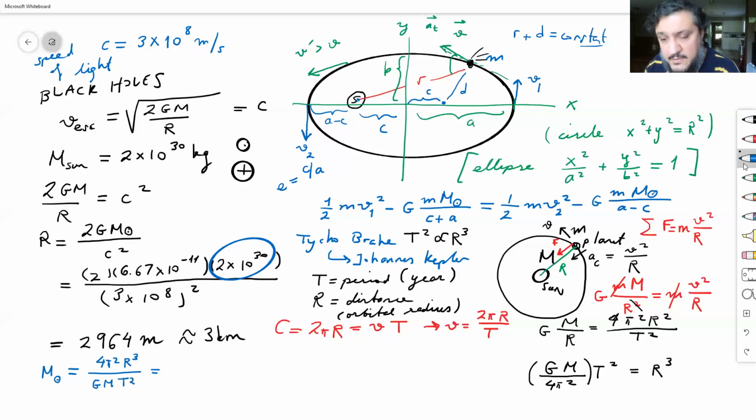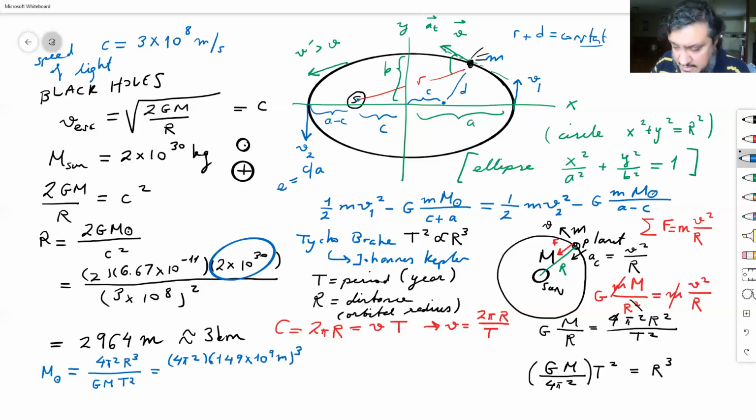Okay, so let's use data from Earth. We're familiar with that. 4 pi squared times r. This is the distance from Earth to the sun, 149 million kilometers, which makes 10 to the power 9 meters. And you take the cube.